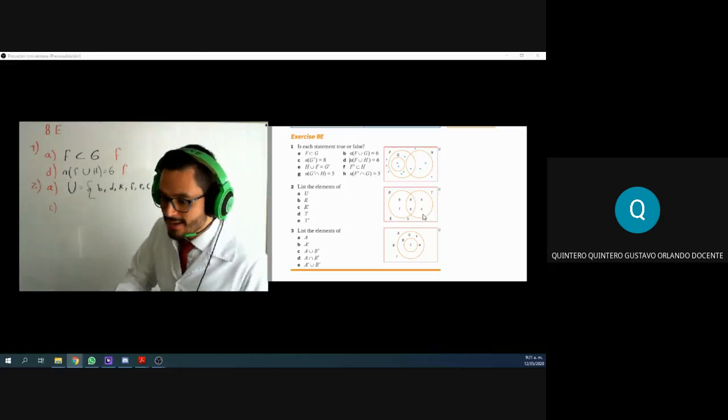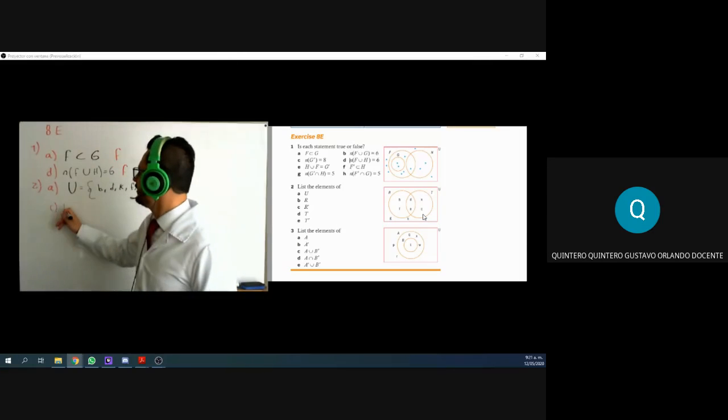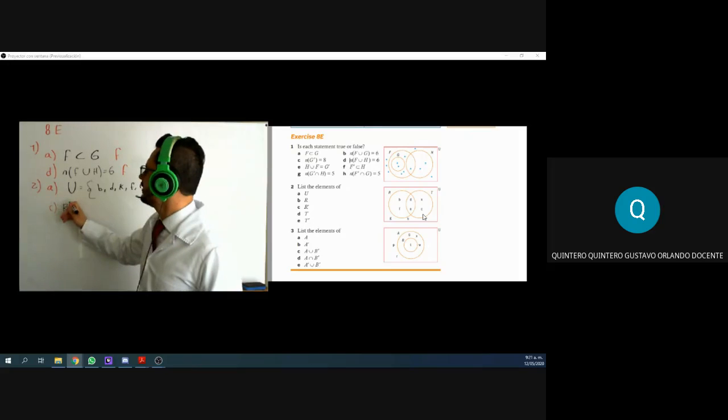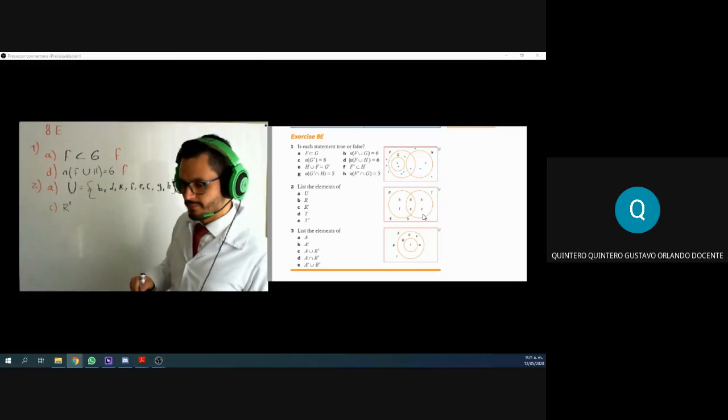All right, they want us to list the elements in the set R with a little thingy on top. Do you know what this little thingy implies? In the chat, please.